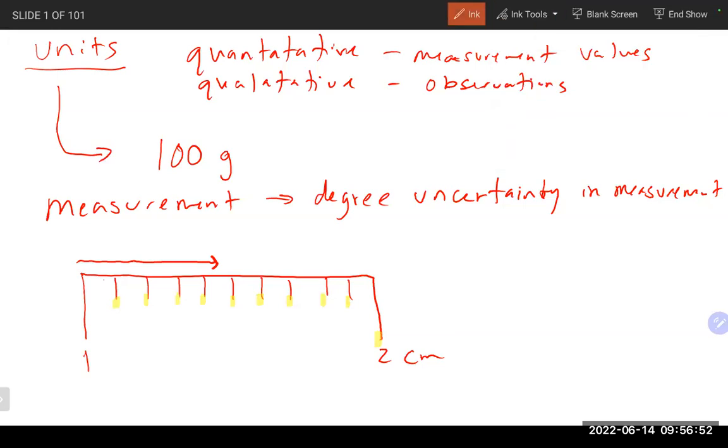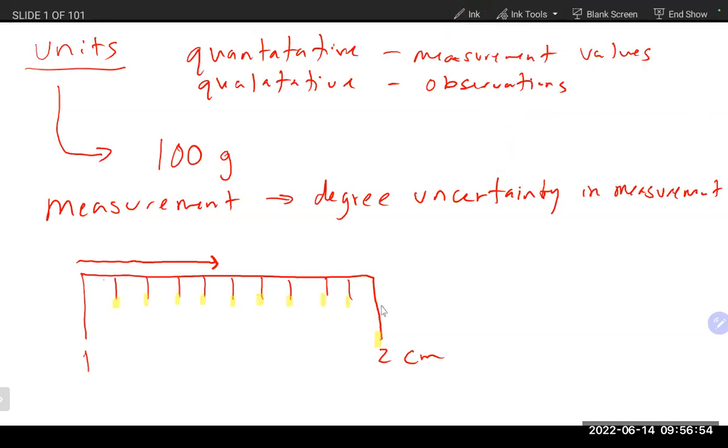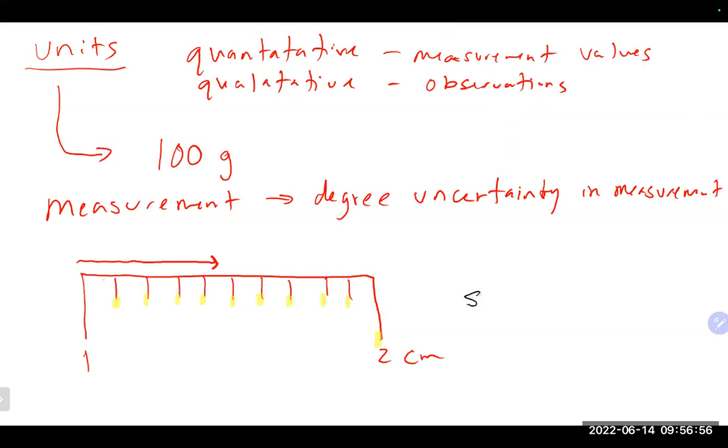That means each of the smallest markings represents how much? Yeah, it represents 0.1 centimeters. This would be 1.1, right? 1.2, 1.3, 1.4, 1.5, 1.6, and so on all the way across there.